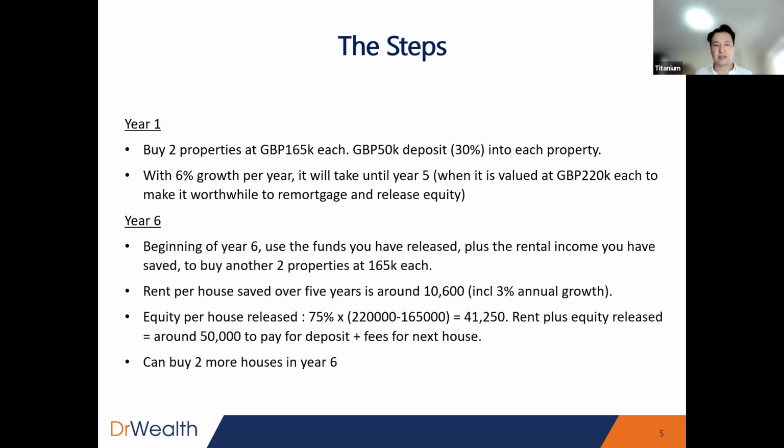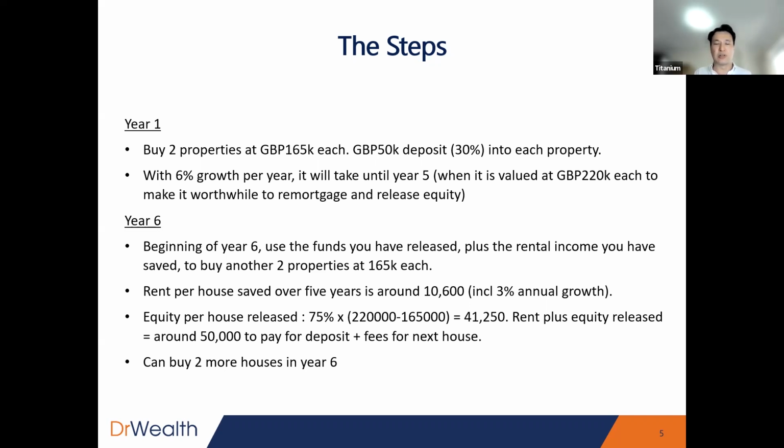In year 6, use the funds you have released plus the rental income you have saved to buy another two properties at £165,000 each. By then you will have 4 properties. Rent saved per house over 5 years is about £10,600, including 3% annual growth.